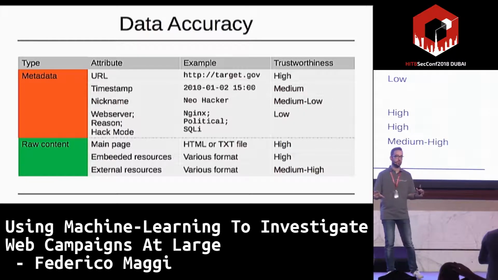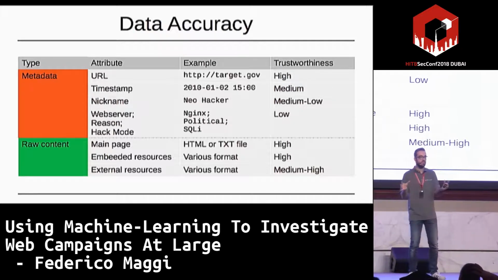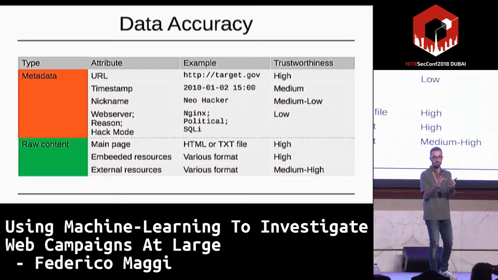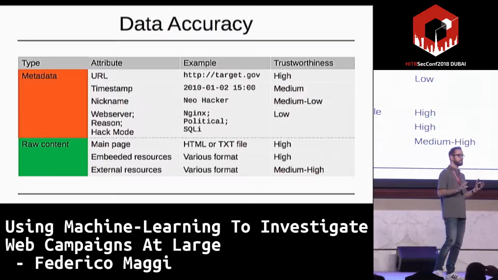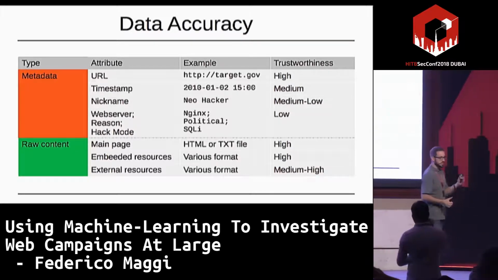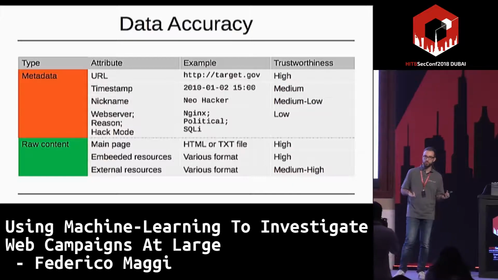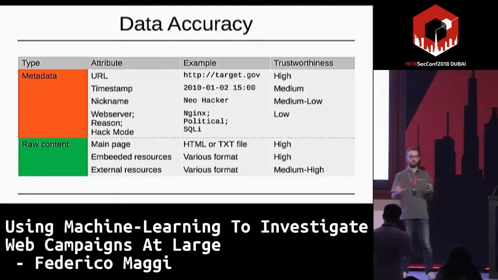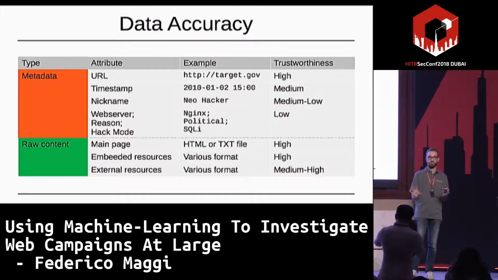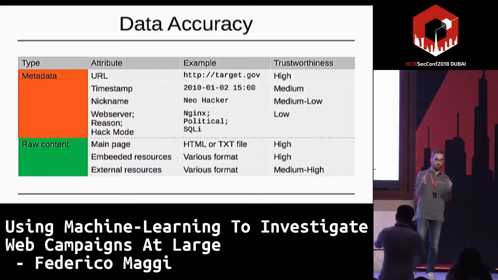They have no interest in planting content that does not match the motivation of the attacker. So we can trust the defacement part, the raw content in green, a lot. Images, embedded resources, external resources, those you can trust. You can be sure that that data has high trustworthiness. It's what the attacker meant to plant in there.